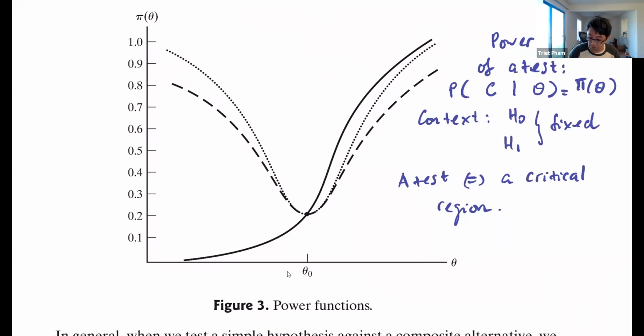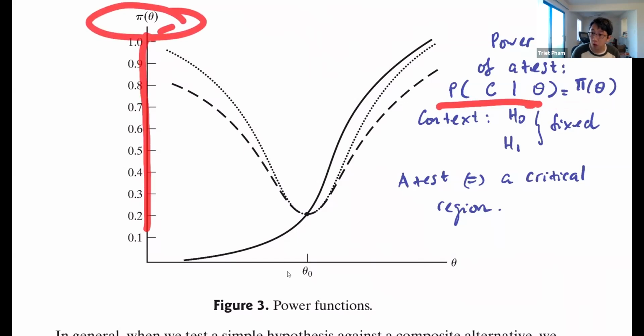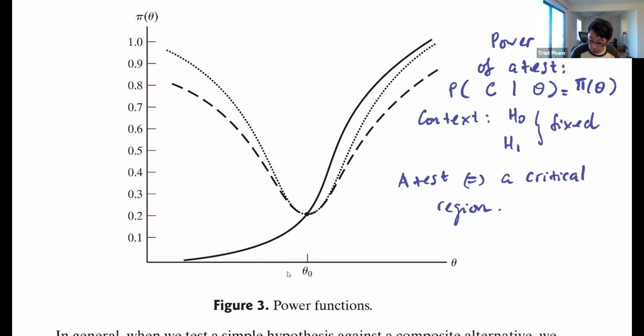Are you okay on this definition of the power function of a test? For different values of theta, we have different probabilities. But of course, because it's a probability, it goes from 0 to 1. And here you graph for different possible values of theta how this comes out.